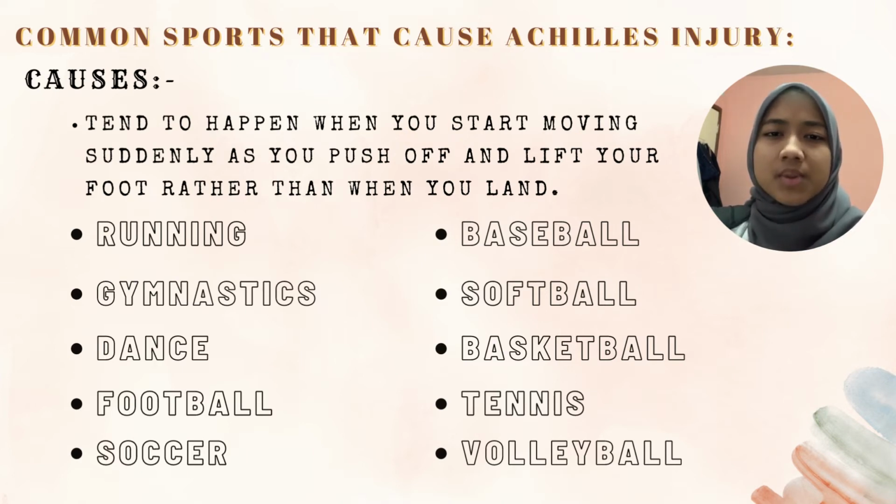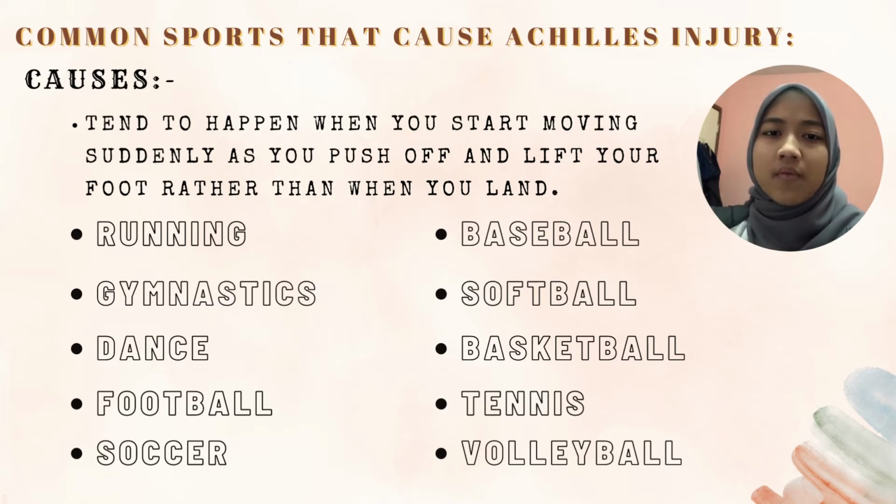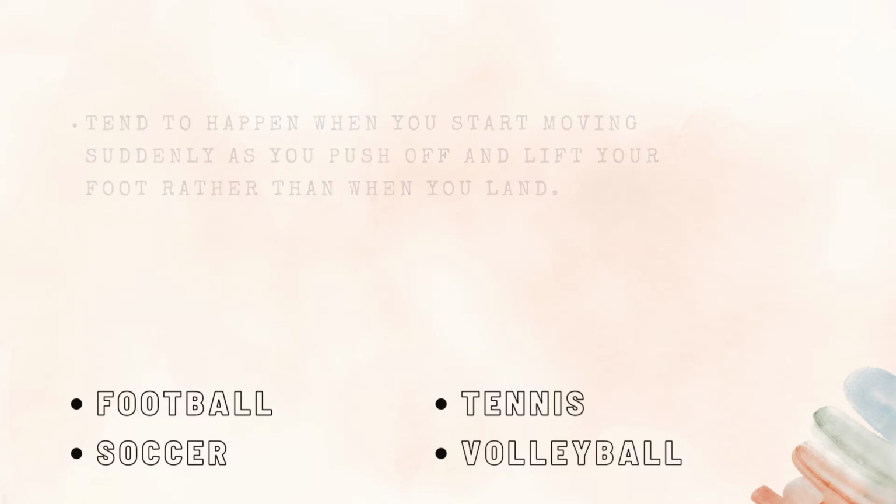For instance, a sprinter might get one at the start of the race as they push off the starting block. The abrupt action can be too much for the tendon to handle. Men over 30 are especially prone to Achilles tendon injury. We can also injure our Achilles tendon if we stress it over and over with high impact activities. These are known as repetitive stress injuries.